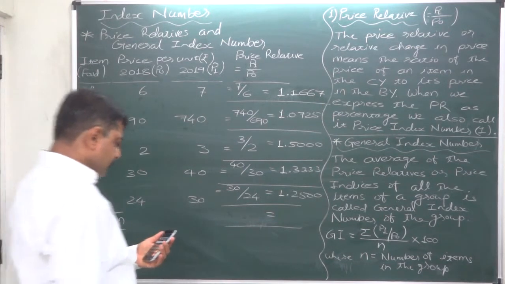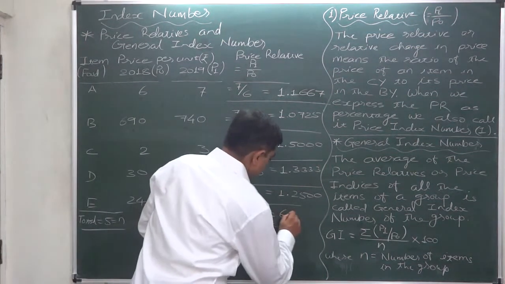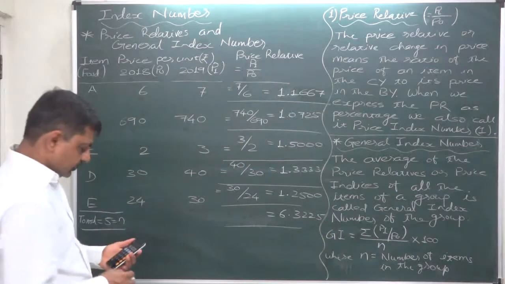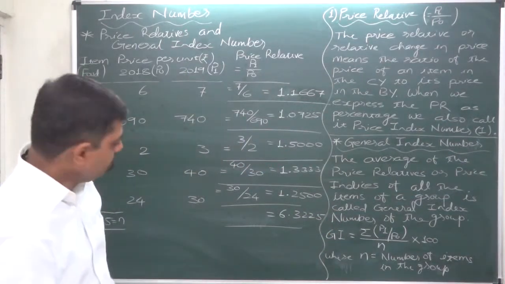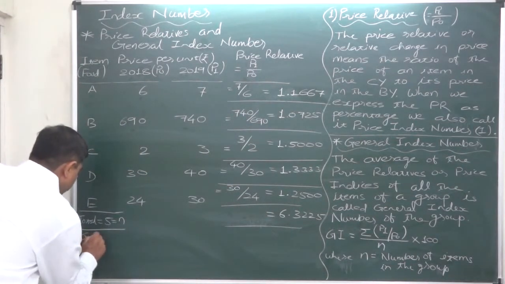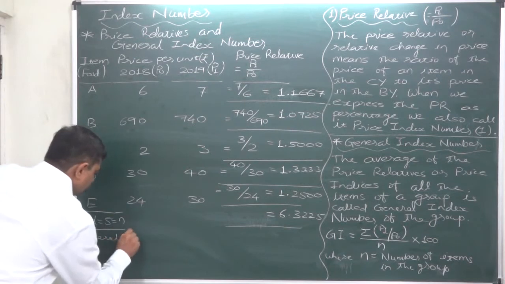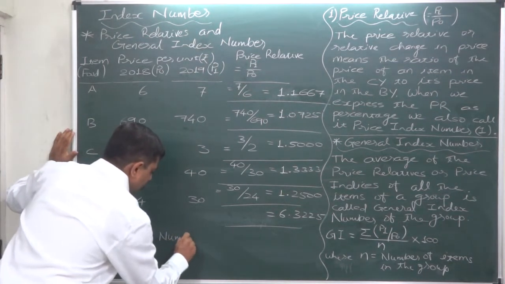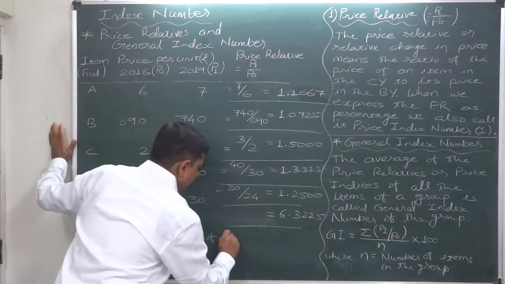It comes to 6.3225. Yes, this is the total. Now we have the total of all the 5 price relatives. That means we can calculate the general index number of the food group.